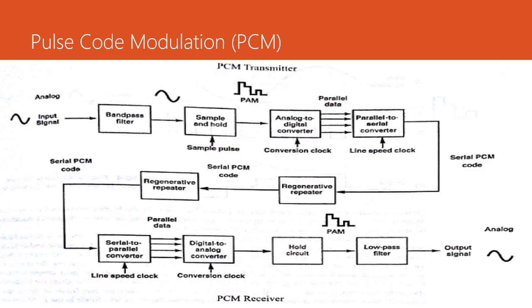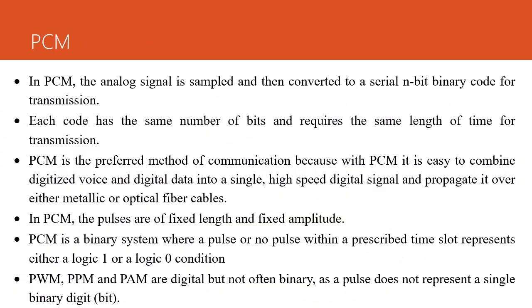So now we'll go into detail. In PCM, the analog signal is sampled and then converted into a serial n-bit binary code for transmission. Each code has the same number of bits and requires the same length of time for transmission.